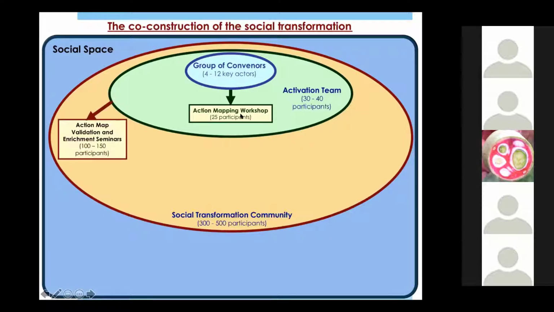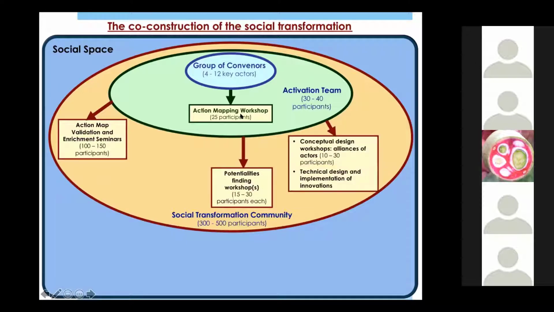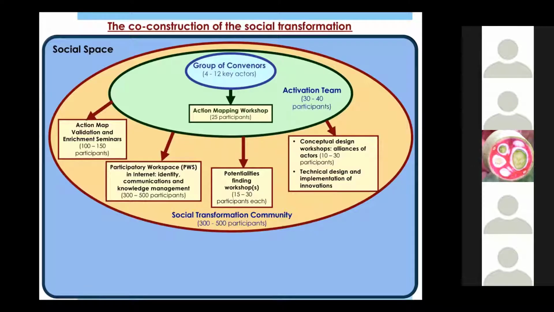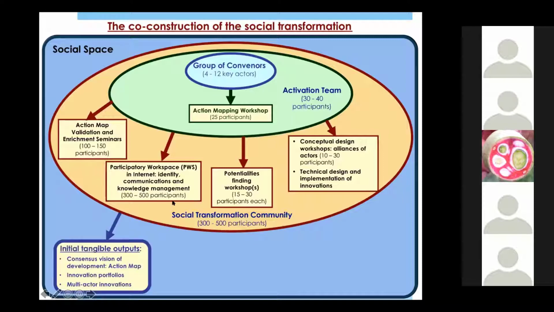And from this, I won't get into details. In this space, we apply the other tools of the praxis, including the participatory workspace, to build up this community. And from this process, we get some initial tangible outputs: consensus, vision of the action map, innovation portfolios, multi-actor innovations.